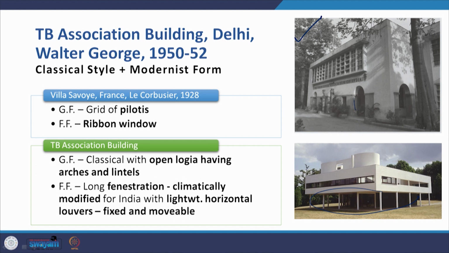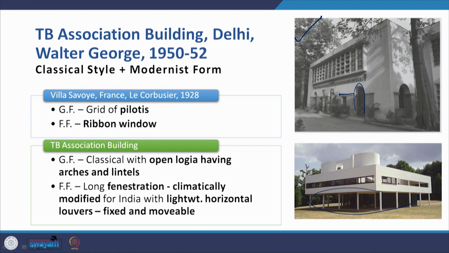It has these arches, these lintels that are completely enclosing the loggia and making it a very shaded area, open to the front, but not in the way the pilotis is. So pilotis is modernist, whereas what George has done in the Tuberculosis Association building is more in the neoclassical format.